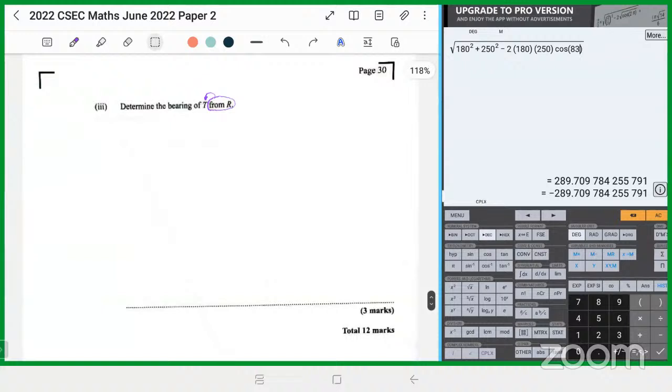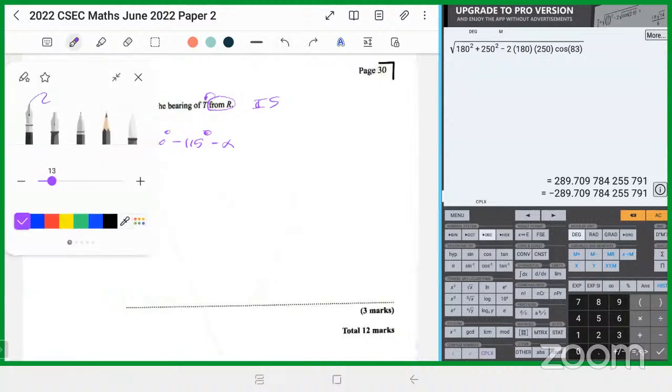The bearing of T from R, we're going to say is theta, which is equal to this. And we need to find the alpha. Let's find the alpha in red.